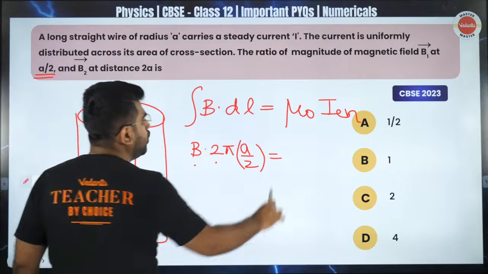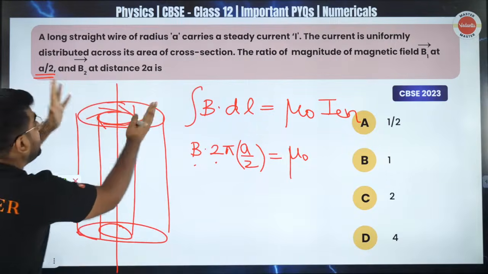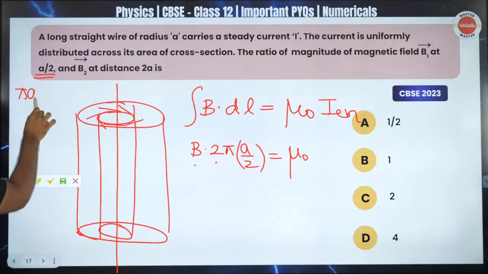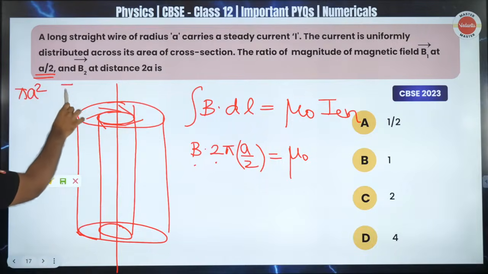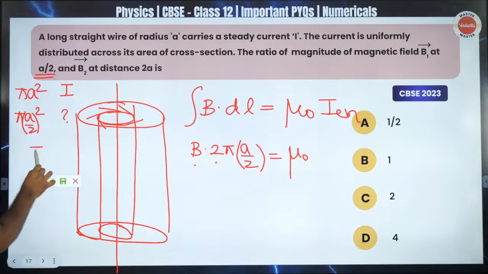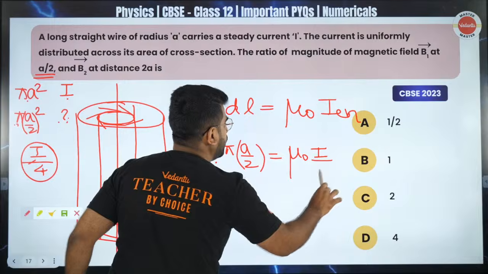That will be equal to mu naught into I enclosed. What is I enclosed? The total current is I over the area pi r square. So in the area pi into A by 2 whole square, how much current? The current will be I by 4. So the current is I by 4.